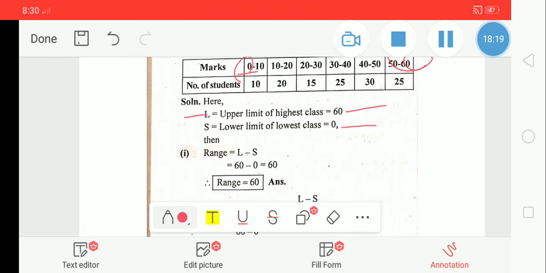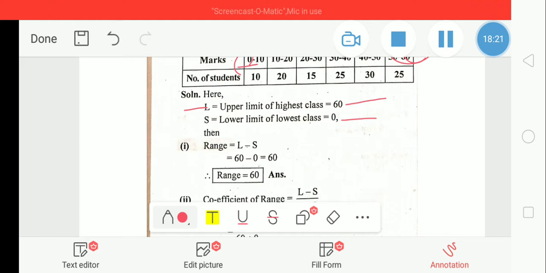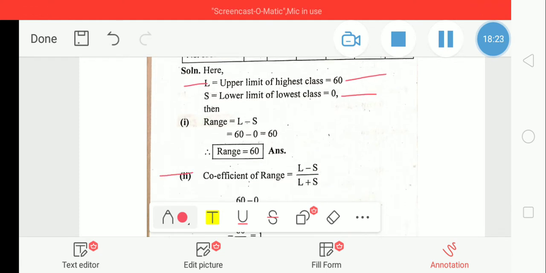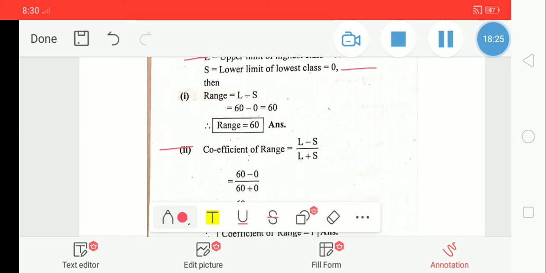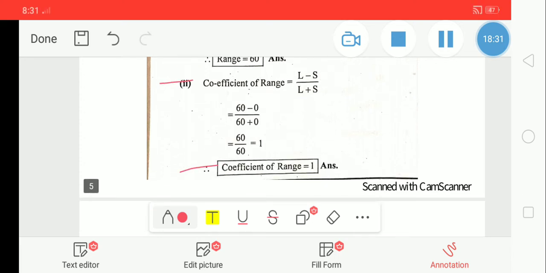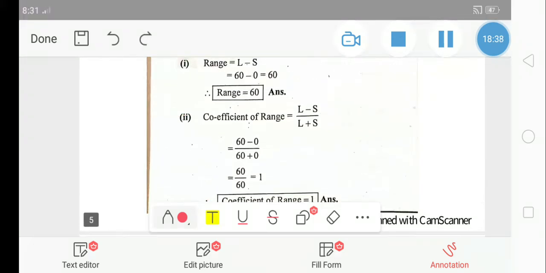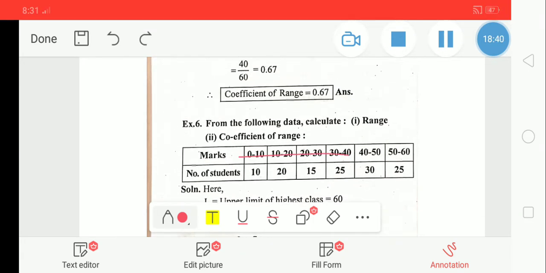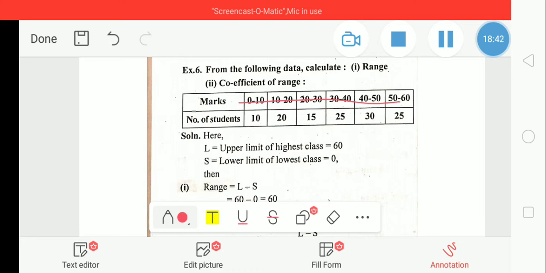So range is L minus S, 60 minus 0, that is 60. Coefficient of range is L minus S divided by L plus S, that is 60 minus 0 divided by 60 plus 0, so 60 divided by 60 is equal to 1. So the coefficient of range is 1. This was continuous, so it was easy to solve.